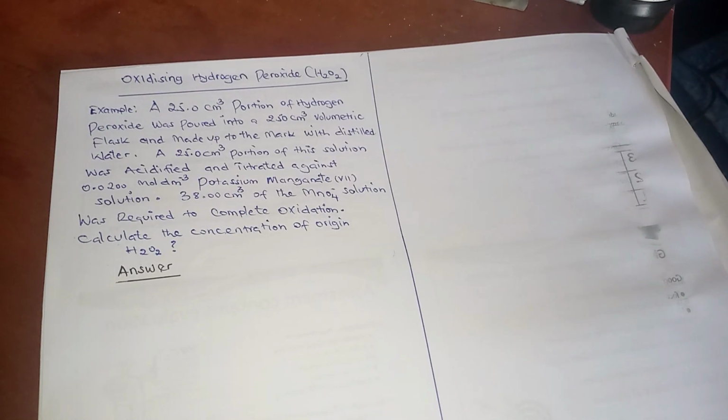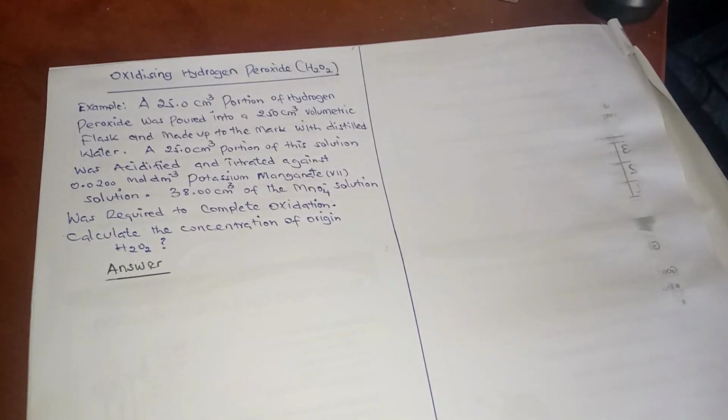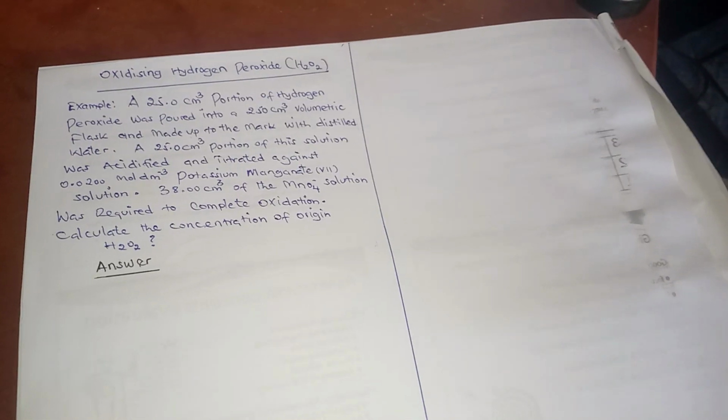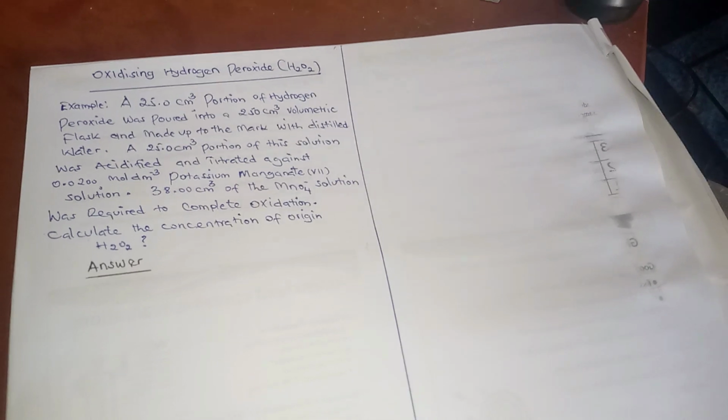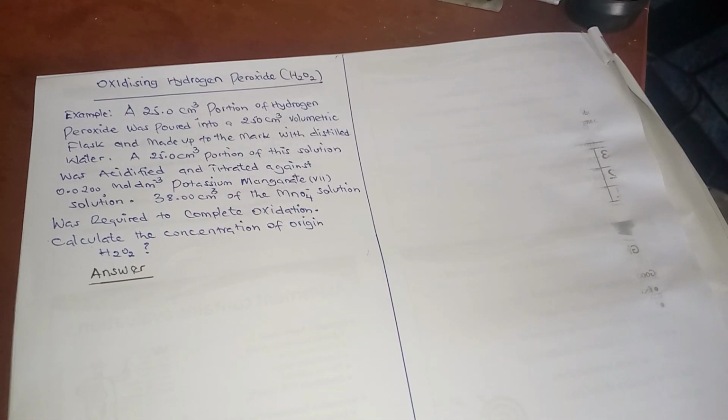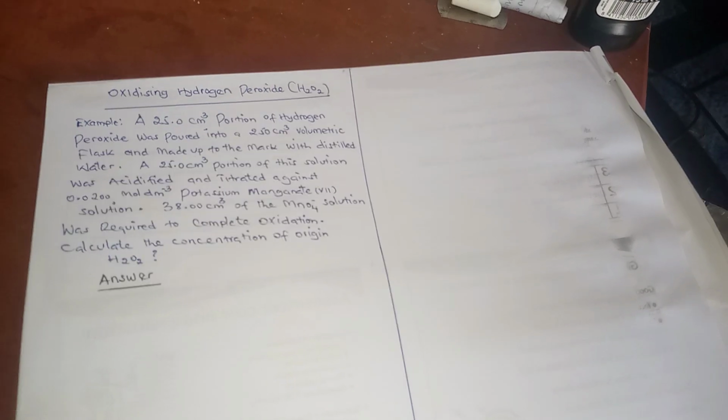Today we have this question. A 25 cm³ portion of hydrogen peroxide was poured into a 250 cm³ volumetric flask and made up to the mark with distilled water.